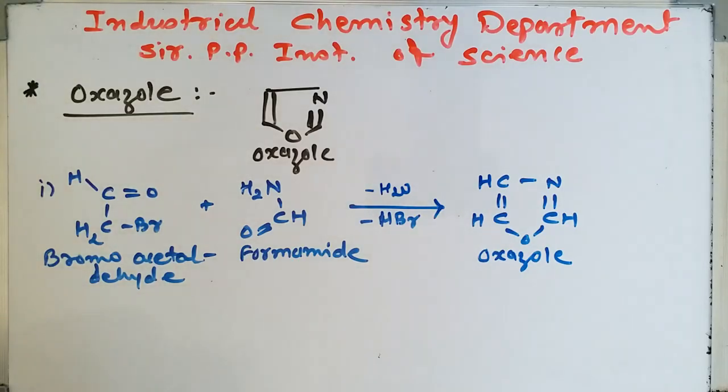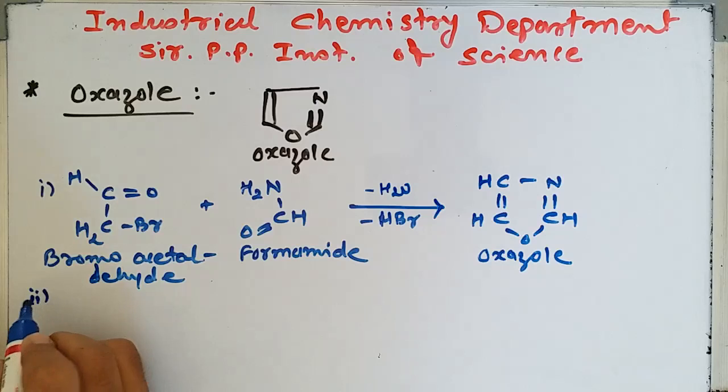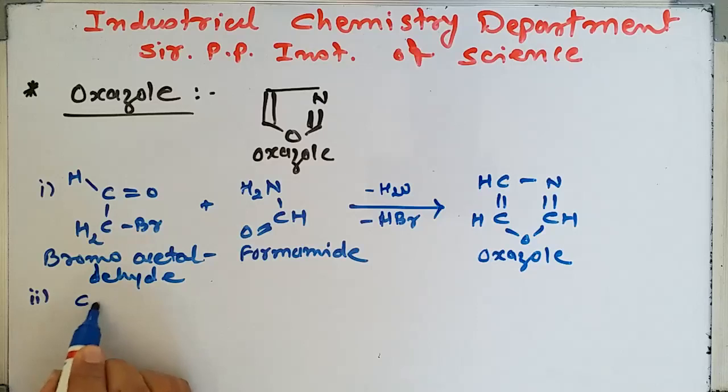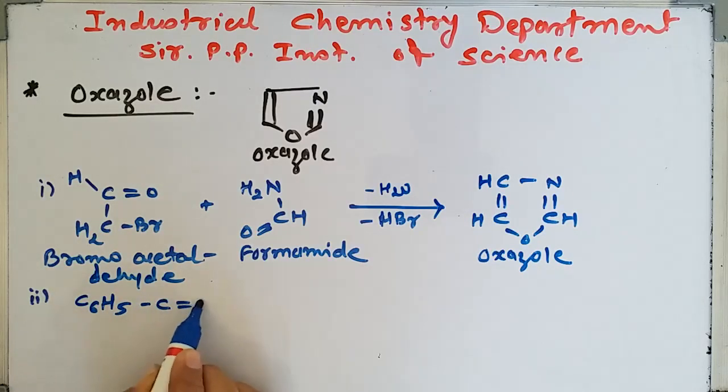Now we see the second preparation, by the interaction of an acid amide and bromoacetophenone, structure C6H5C double bond O CH2Br.